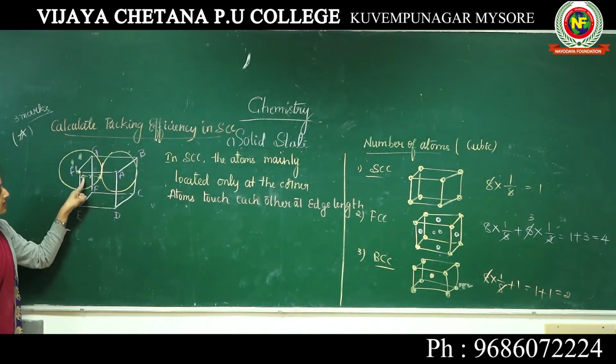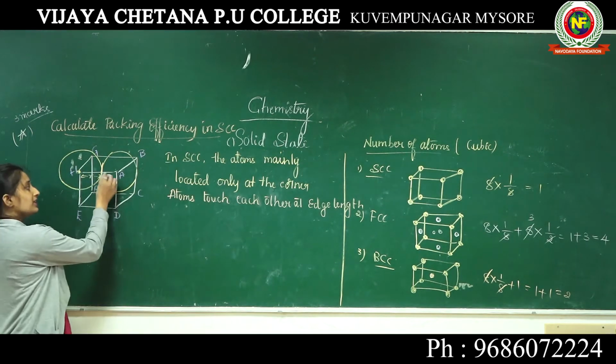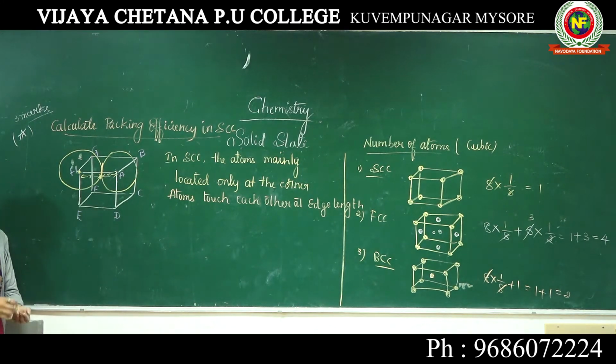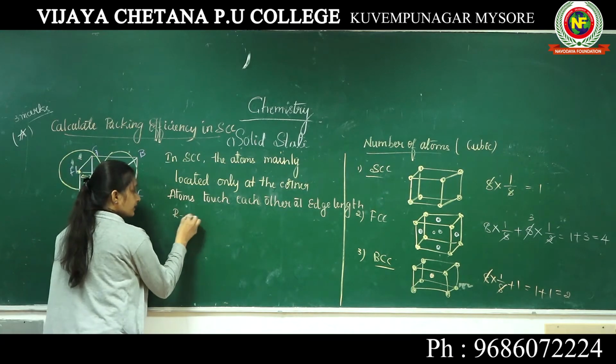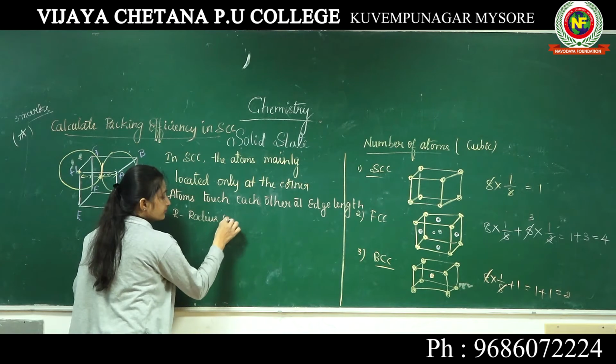That's why the distance from here to here we call it as R. Small letter r means radius. Why? It looks like a sphere, circle. From here to here, same r. What is this r? r means radius of the atom.